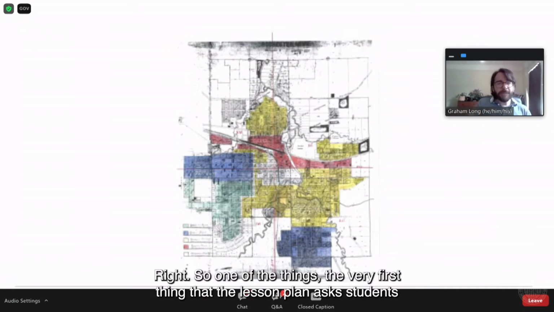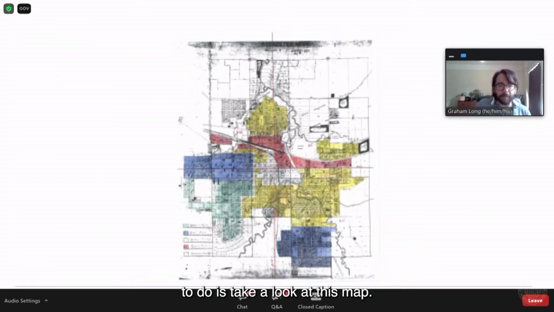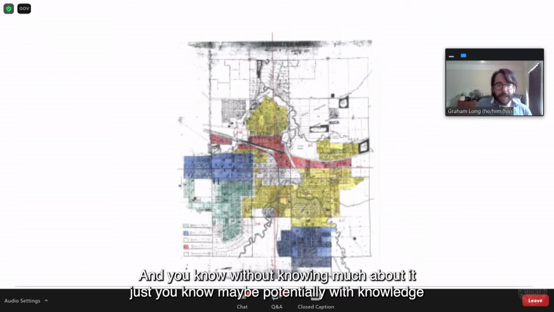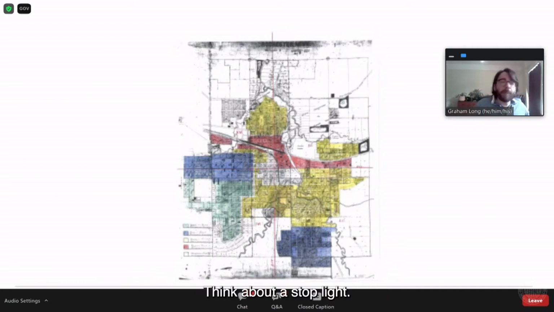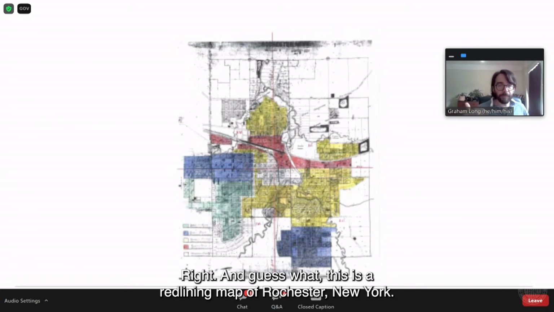So the very first thing that the lesson plan asks students to do is take a look at this map. Without knowing much about it, just maybe with knowledge of color, you can potentially begin to get a sense of what this might show, right? Think about a stoplight. Green means go, yellow means caution, red means stop, right?